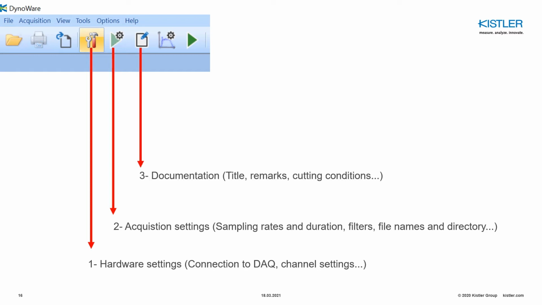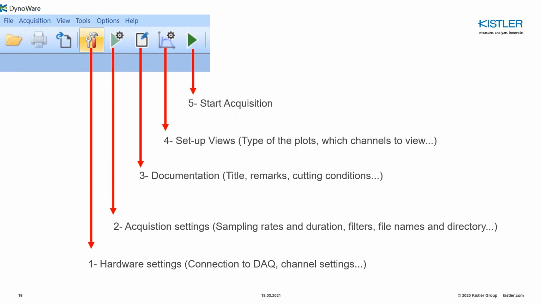Then we will move into step 3, documentation, where we can enter titles and remarks and the cutting conditions. In step 4, the setup views, we will choose the type of the plots, which channels to view, and so on. And then at the end, we can start the acquisition.